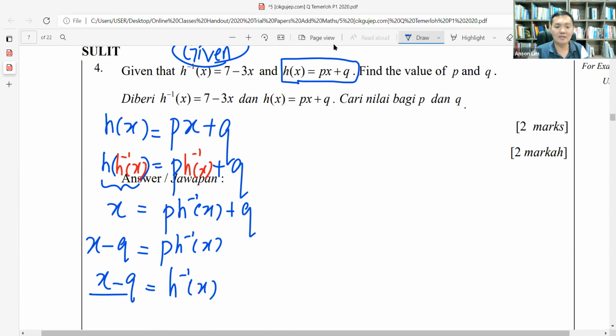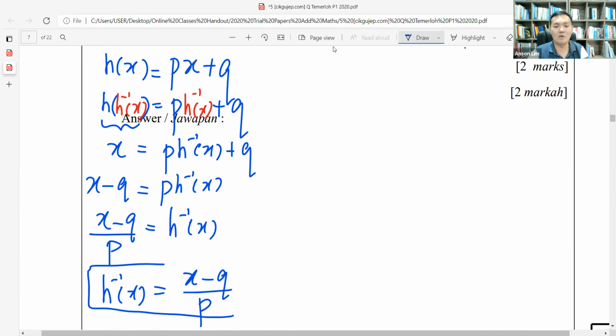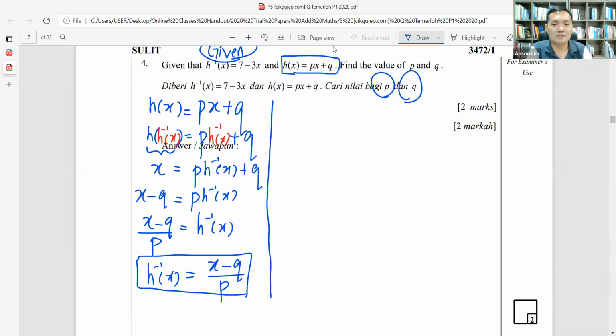Then after that, p bring there become divide. So your h inverse equals to (x minus q) over p. Wow, you see? Hello, this is not the question. The question asks you to find p and q, right? So for those you have seen the method like that, it is just to find h inverse. So you just compare. By comparison.